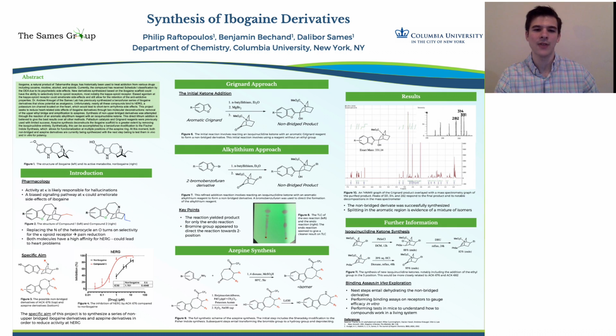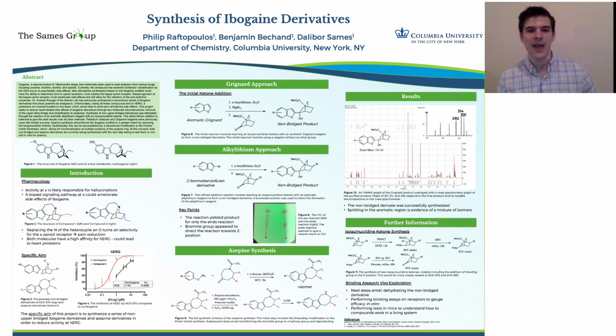And then after that, you can quench it with hydrogen peroxide and sodium hydroxide. And that will turn the bromide group into a hydroxide group. After that, you can simply deprotect the nitrogen with lithium hydroxide, and that would give you the desired azapine product. And obviously, you can have that, like I said before, substituted at the R1 and R2 positions.